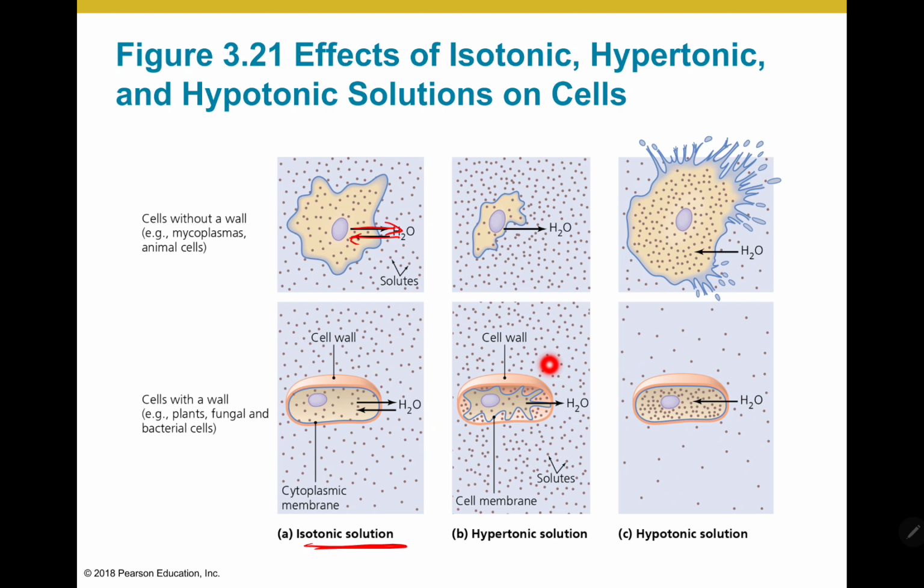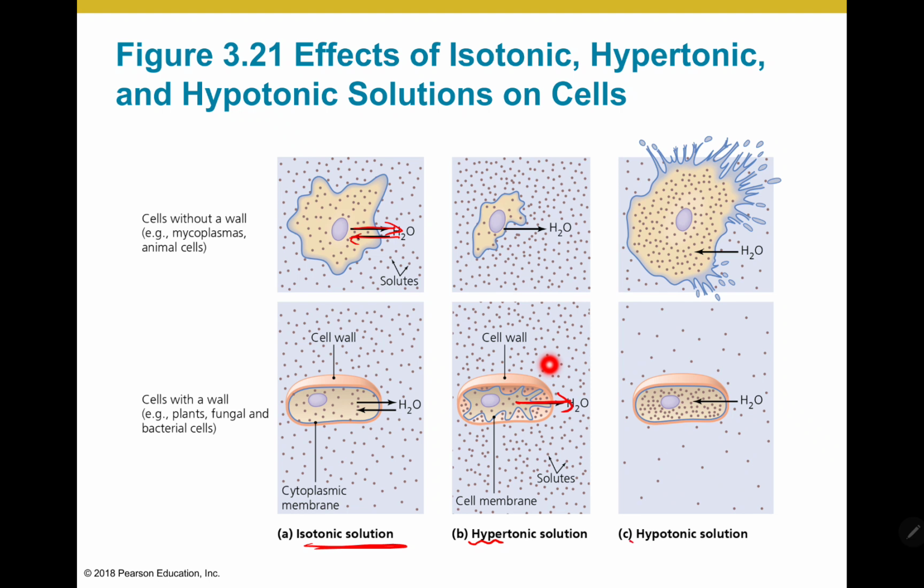Now, if we place the cell in a hypertonic solution, that means the solution has more stuff than the cell does. Water wants to move where there's stuff, so water will move out of the cell, and as a result, the cell will shrink and crenate and die, basically.